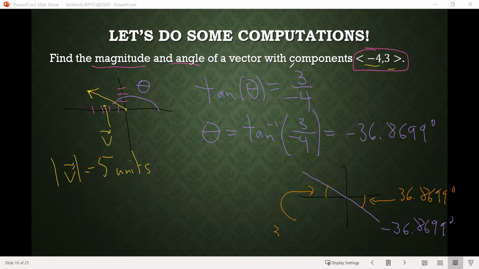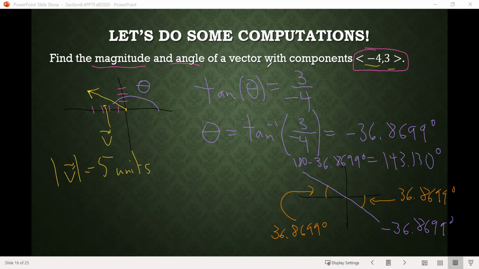So that's the 36.8699 degrees. We know it's going to be that much less than 180. So to find the angle we need, we can do 180 minus that angle. And when we do that, we end up with 143.130 degrees.